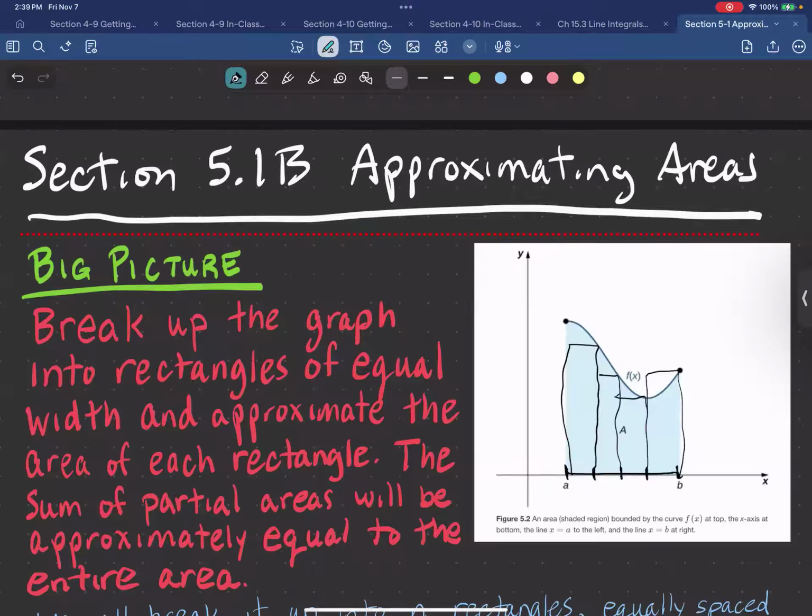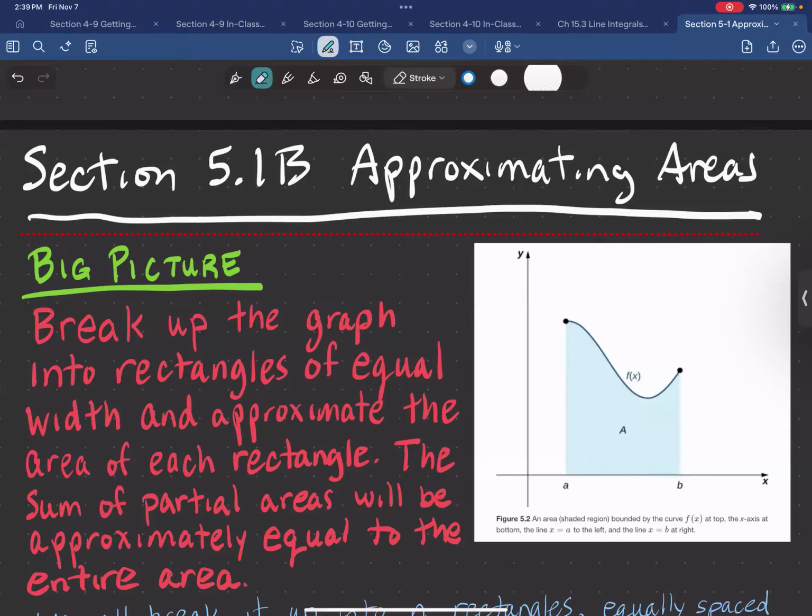Ideally, you want these the same width. And so the way you do that is you count up how many you want to make. Let's say, like I just did there, I want to make 4. This width is b minus a.